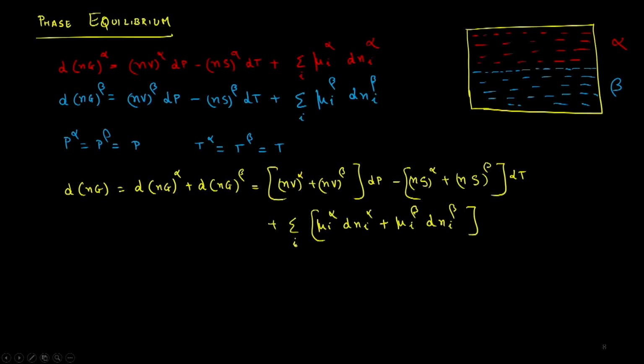When I say all the components i, it is from i equal to 1 to m, where m is the number of components in this particular system. So, this is the expression for d(Ng).